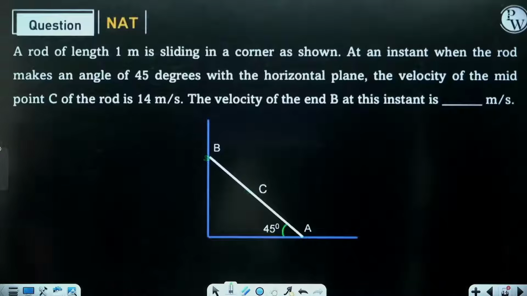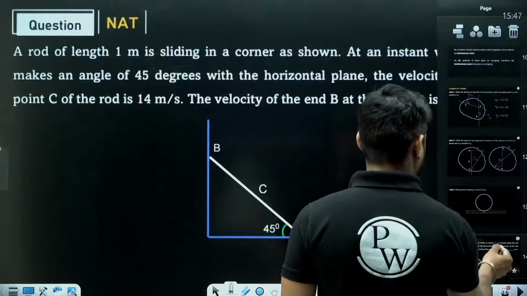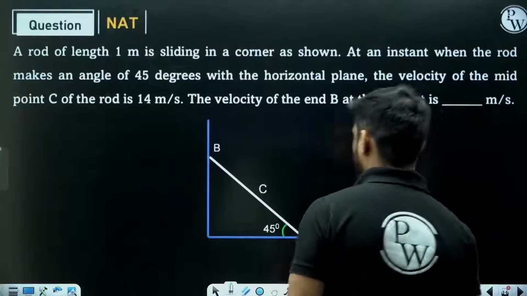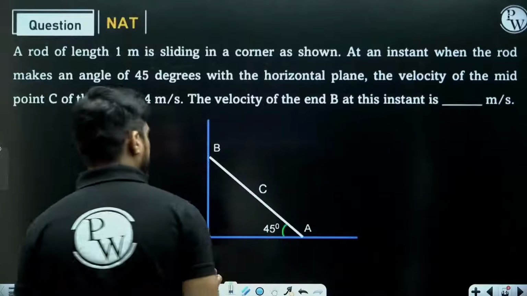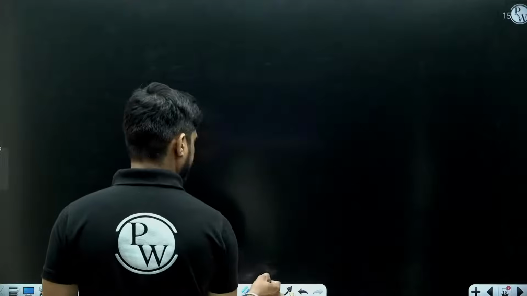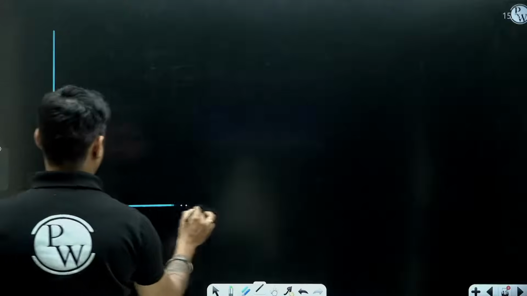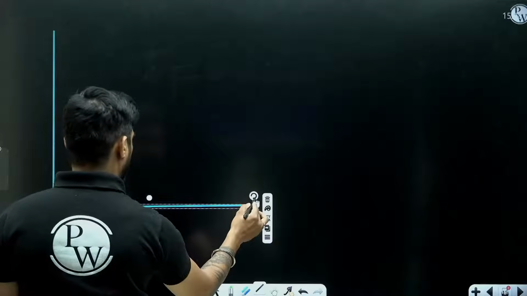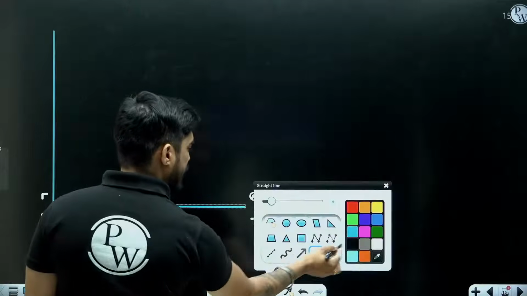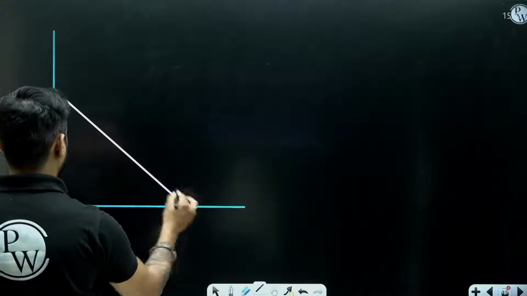Okay. So how we will solve this problem? Understand. The velocity of the midpoint we know. Now first we will calculate the IC. First we will find the IC. Now this rod is sliding on these two surfaces, right?